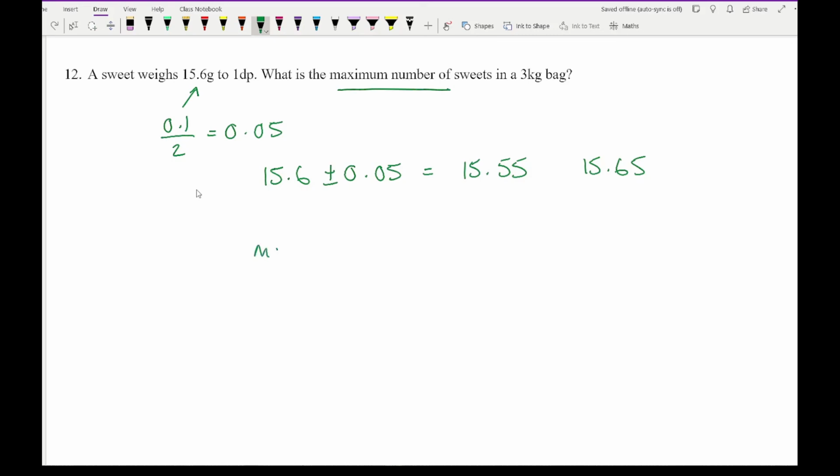Now, to get the maximum number of sweets, I want the sweet to weigh as less as possible, because obviously the lighter the sweet, the more you're going to fit in a 3 kilogram bag. So the maximum number of sweets is going to be the lowest weight of the sweet, and then we're going to divide that from 3,000 grams.